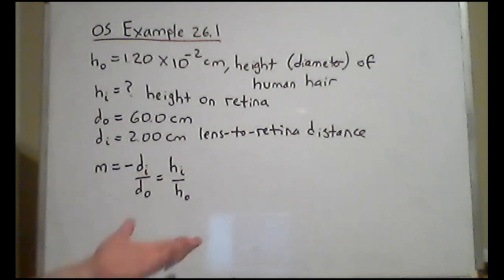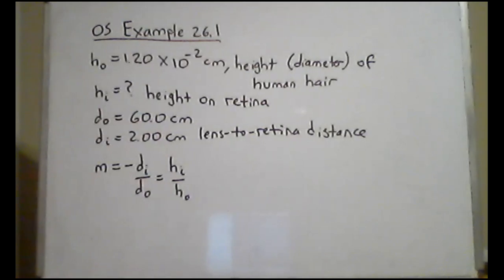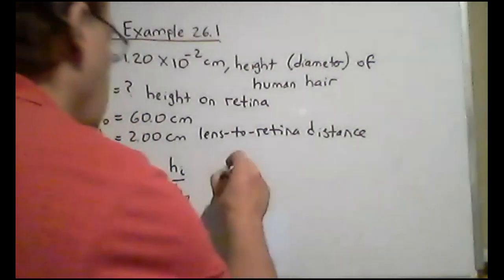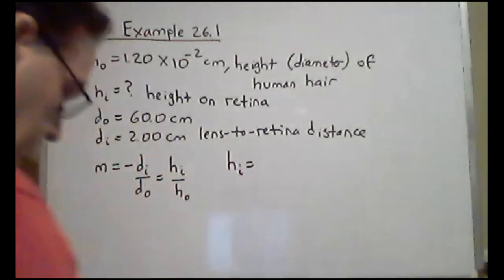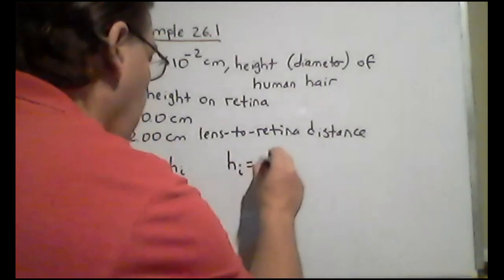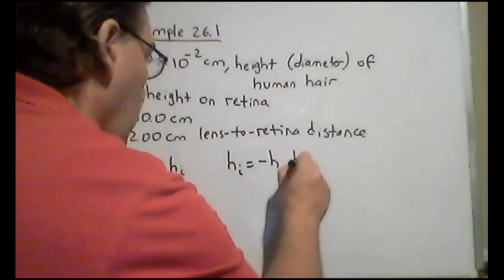There's also a nomenclature to the heights: height above the axis is positive, height below the axis is negative. We discussed that in the last lecture. I can combine these equations and solve for h sub I. So h sub I is negative h sub O times d sub I over d sub O.